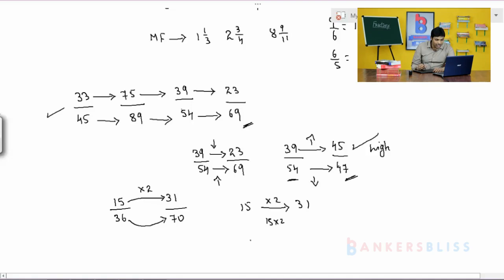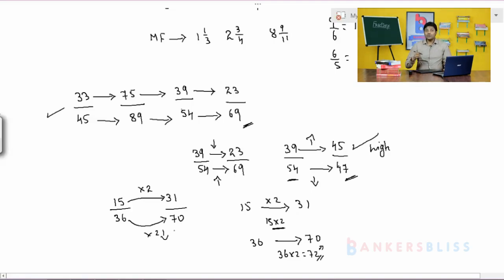In the denominator 36, you want to get 70. So here the numerator is increased by twice. So now you check whether the denominator is also increased by twice or not. 36 into 2, which is equal to 72, but you should get 70, means it is increased less than twice.